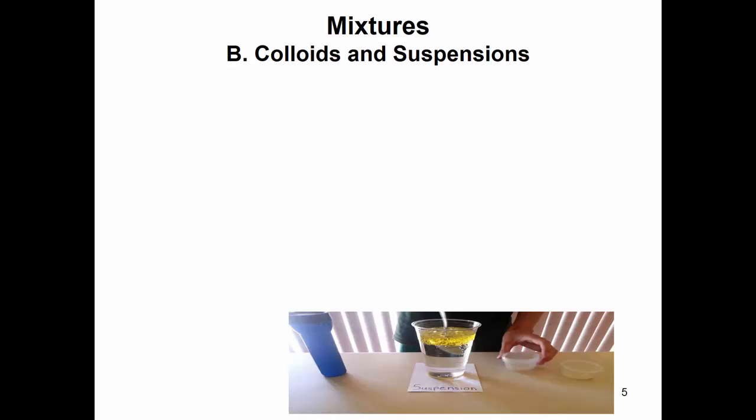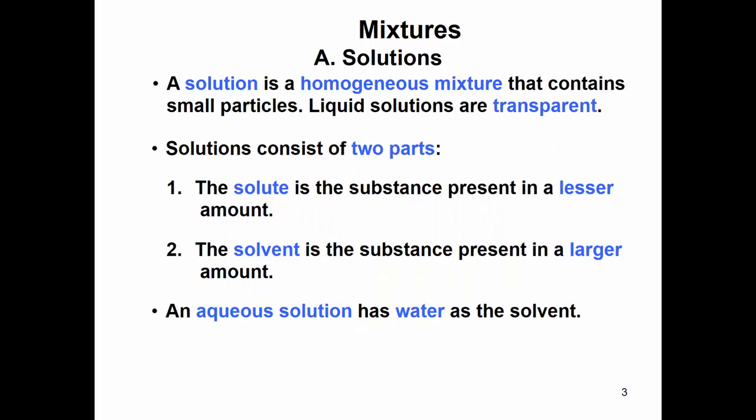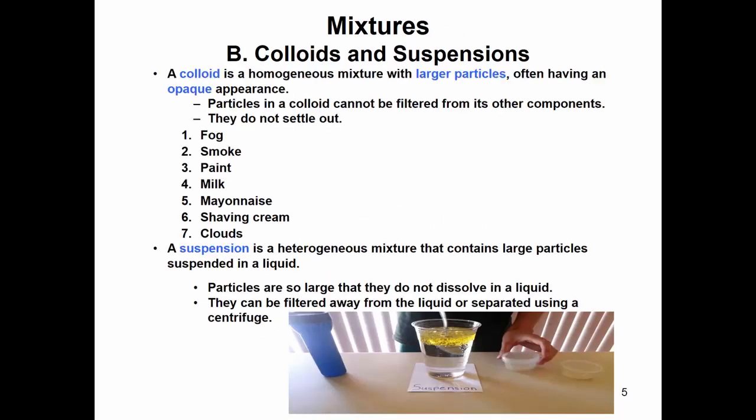There are other types of mixtures. So the first one was our solutions, and this is when it's homogeneous and we have two parts, a solute and a solvent. Colloids and suspensions are our other two types of mixtures. A colloid is a homogeneous mixture, similar to a solution, but it has very large particles. For our solutions, remember these were smaller particles.